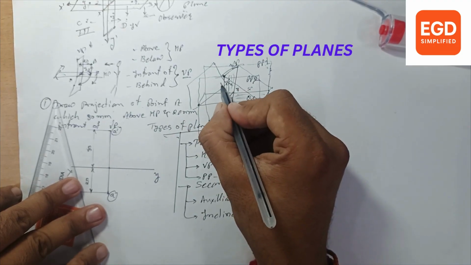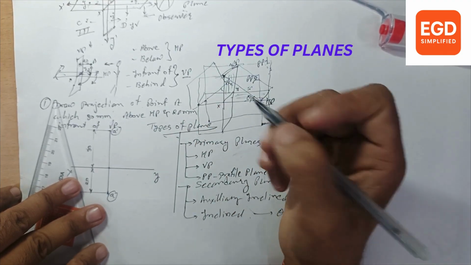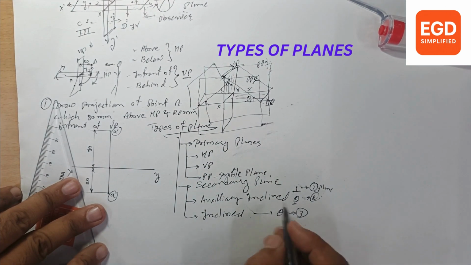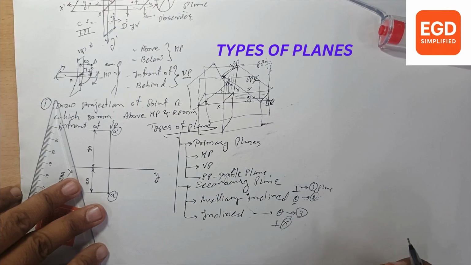Now the inclined plane, we can consider it like this, that makes theta, theta and theta angle, theta 1, theta 2, theta 3 with all these planes, and never makes a 90 degree angle with any plane.